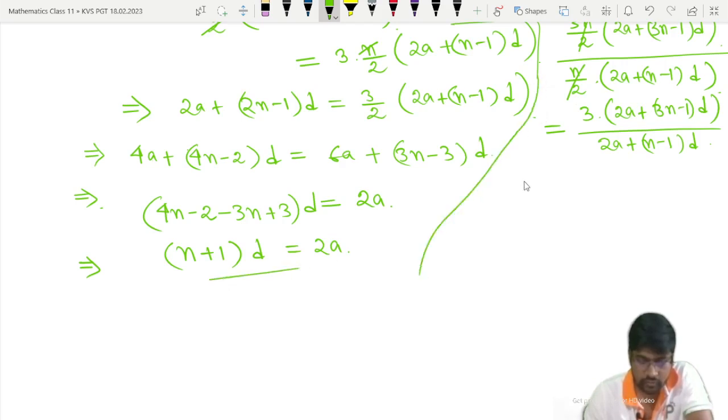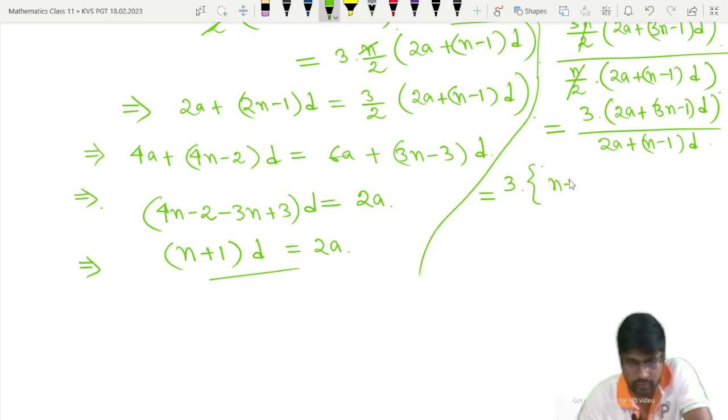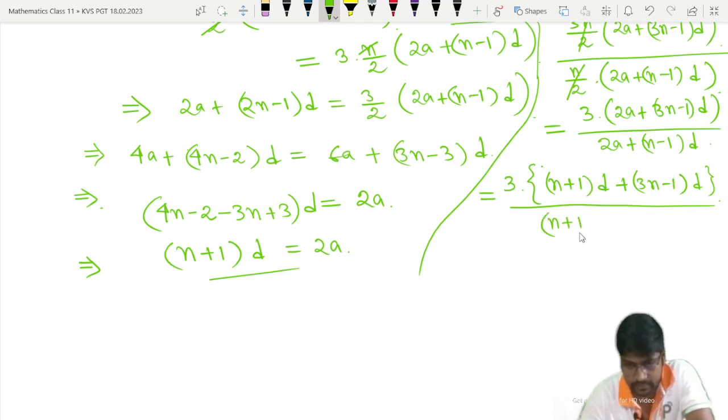Here the quantity we have to find is 3 into, now the value of 2a is n plus 1 into d, so let me write n plus 1 into d and plus 3n minus 1 into d divided by, again the value of 2a is n plus 1 into d plus n minus 1 into d.